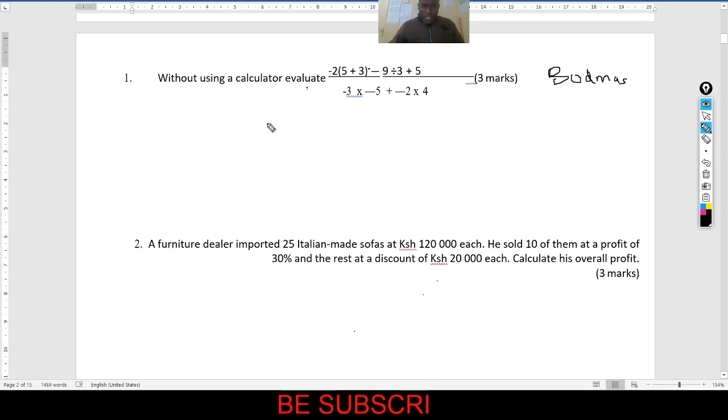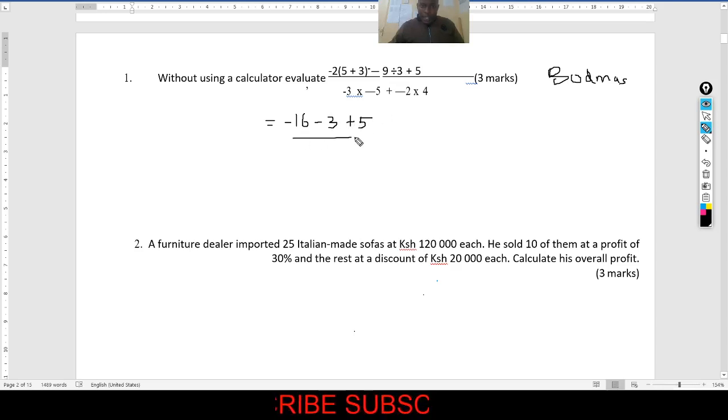Then minus 9 divided by 3 is -3, then plus 5.